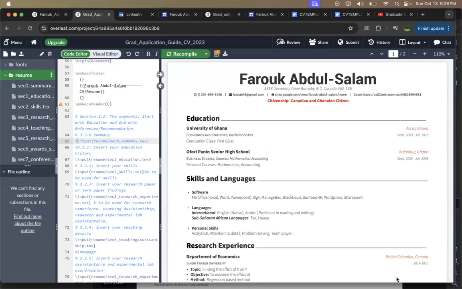So if you have a first class and a strong CGPA, you should definitely put it there. But if you don't have a first class, you have a second class, and your GPA is not that strong, then you are better off not putting it there. That's what I would say.